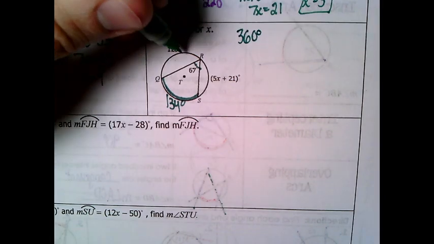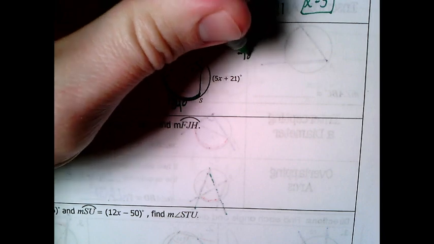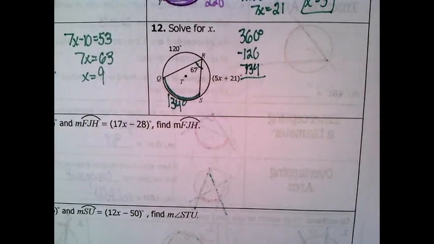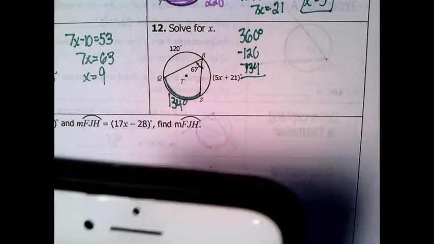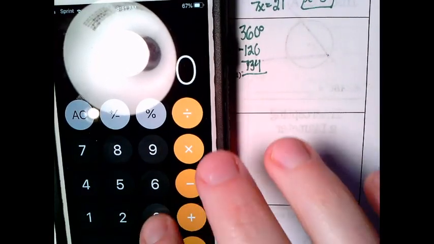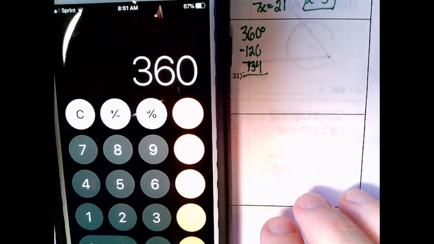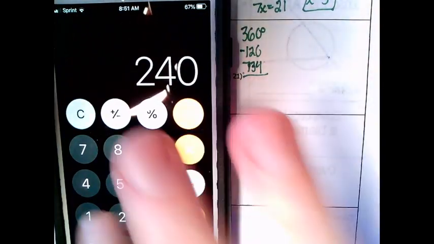So now I can start with 360. I'm going to subtract out the two arcs that they gave me, the 120 and the 134. When I subtract those out, I don't have that one. That was the answer to the last one. So, glare from the light. There we go. 360 minus 120 minus 134, my production quality is low today, is 106.